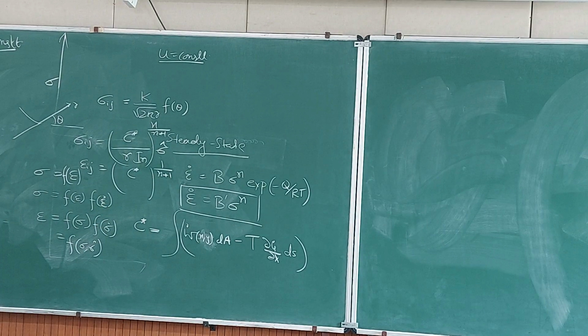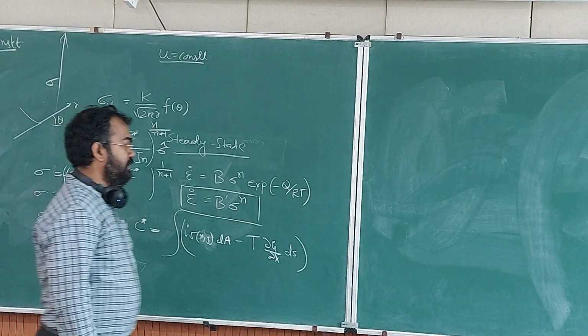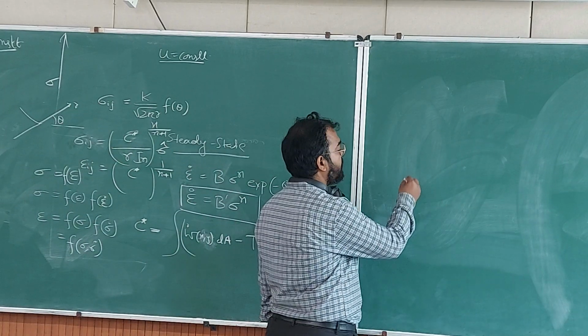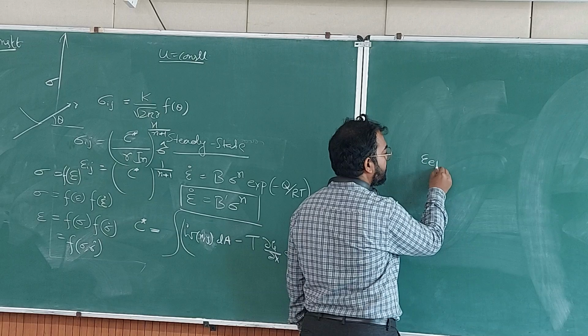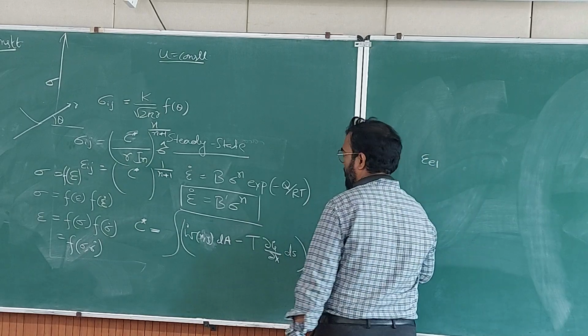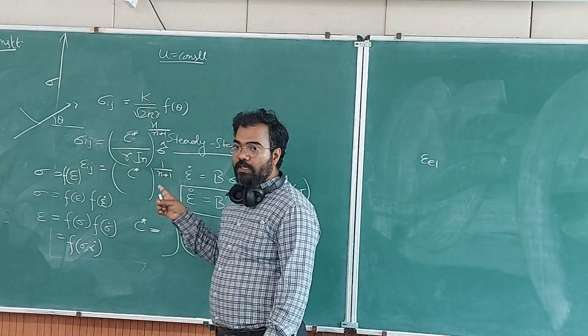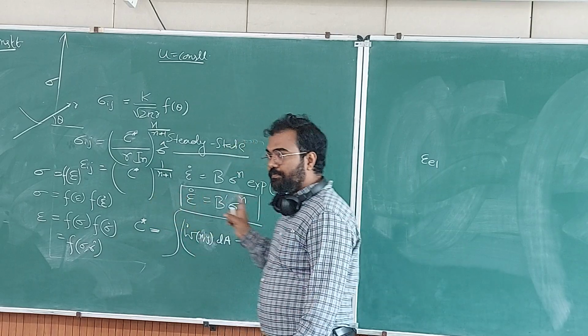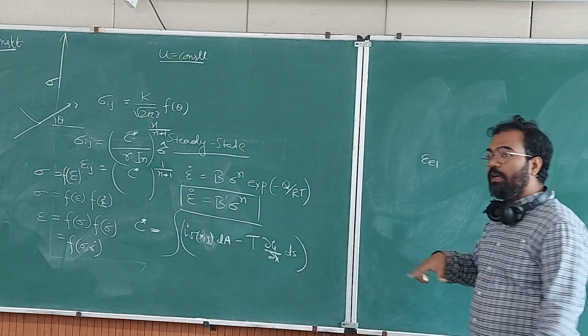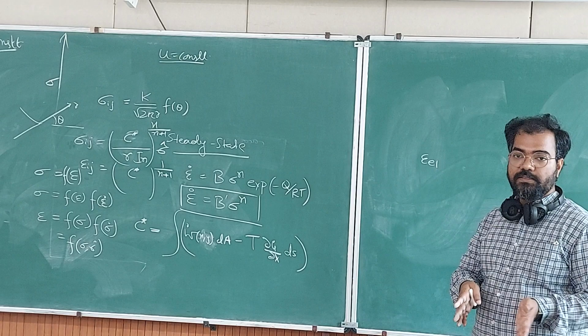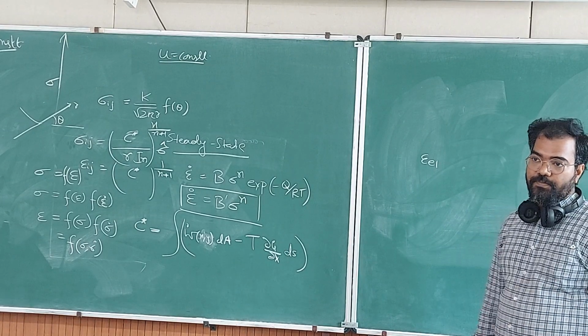So now we have this C star integral, and it will work when you have a prevailing steady state situation. When you don't have a steady state situation, so when elastic stresses and elastic strains are also there, like you did for the constant displacement test, you see what happens with time: elastic strain decreases, creep strain develops.